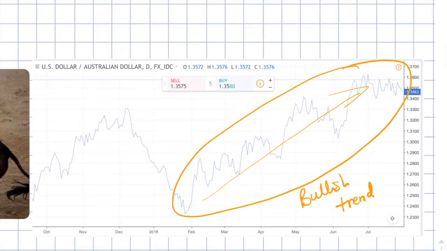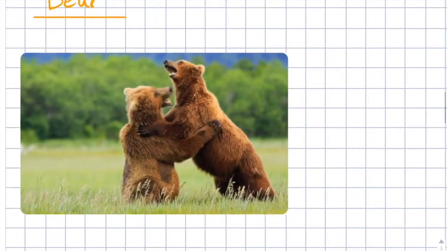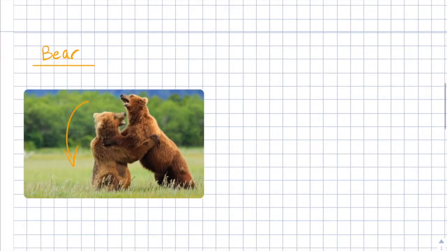So let's move on to a bear. So bearish trends. If you think of a bear having a fight with another bear, it attempts to bring the bear down. So it starts high and it goes down. It brings the bear down. So if you start up high and you go down, that's a downward trend.